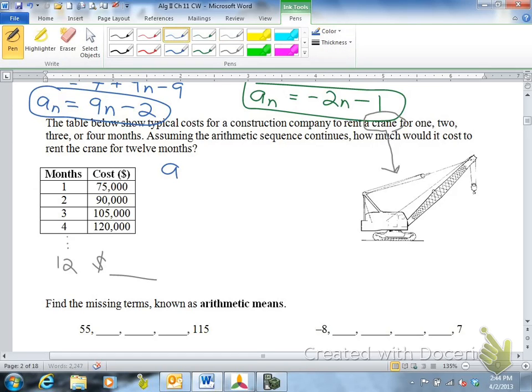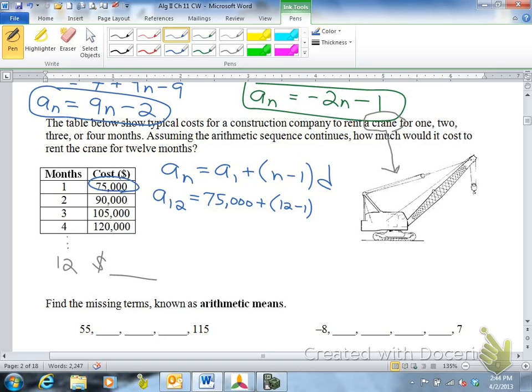So we can use the same setup, same formula, where a sub n would be a sub 12. You want to know what the 12th month would cost. A sub 1 is the cost the first month, which is $75,000. N is the number of months, so n would be 12 minus 1.